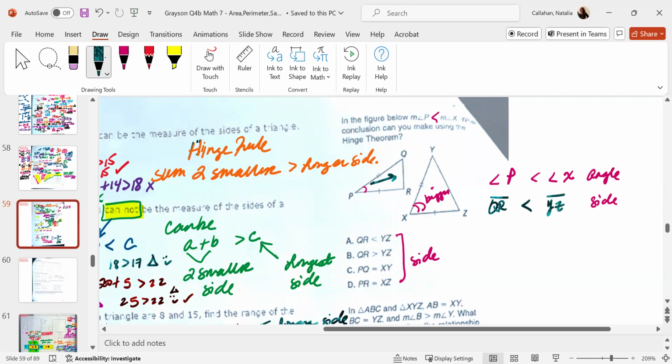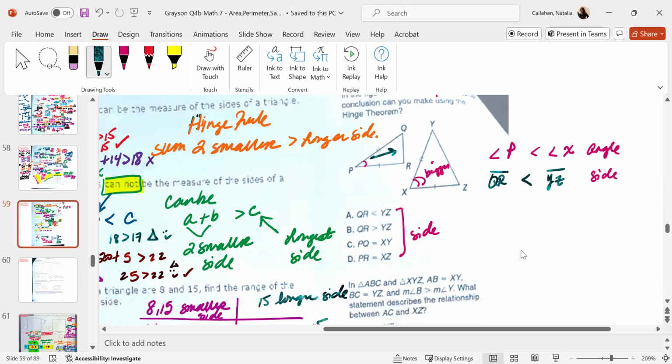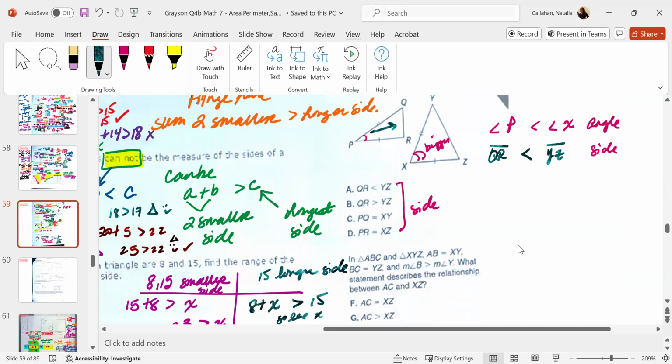QR. QR is less than what? YZ. QR is less than YZ. Good. So it's A.